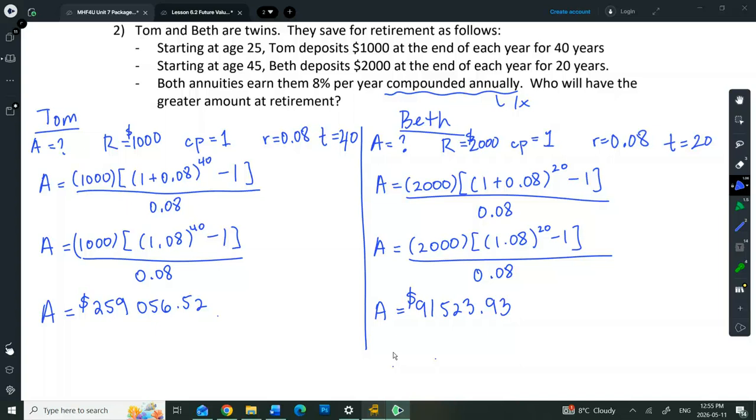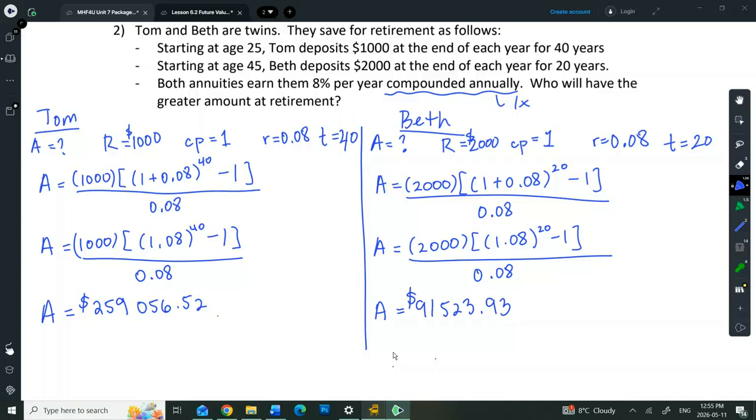Well, he's putting half the amount of money in for double the time. So they're really paying the same amount, right? If he pays $1,000 for 40 years, that's $40,000. If Beth pays $2,000 for 20 years, that's also $40,000. So they both put that in.